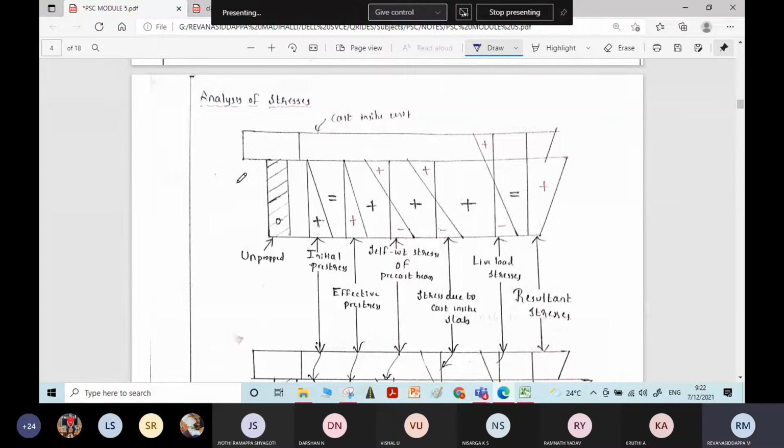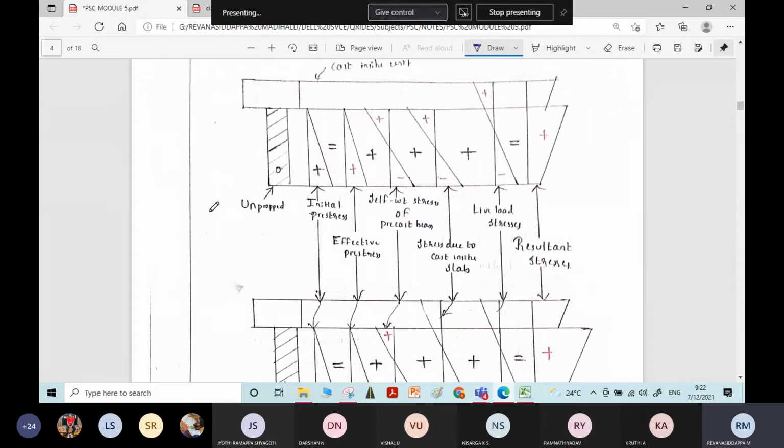the analysis of a composite member will vary depending upon the method of construction, as I said, because the load transfer will be different in case of proper construction and improper construction. When the load transfer is different, the stresses induced in the element will be different.